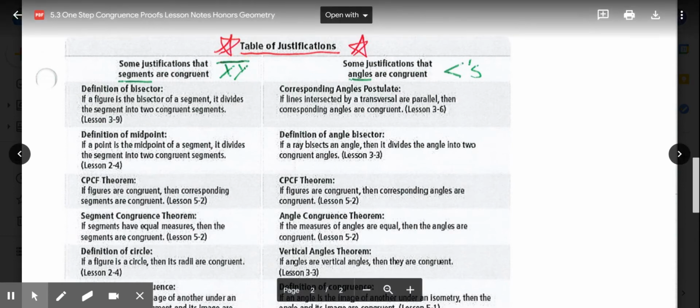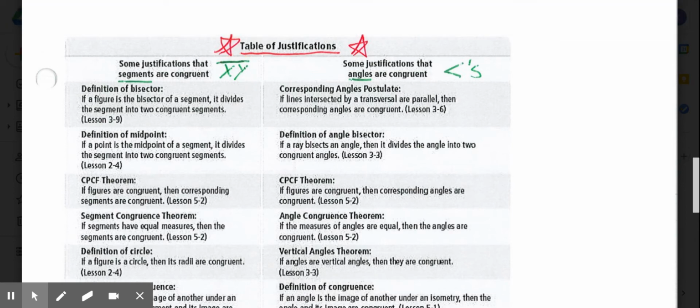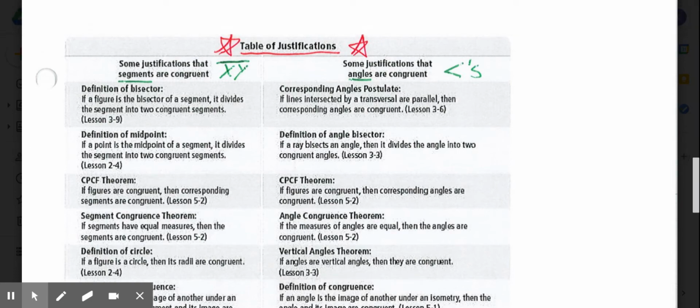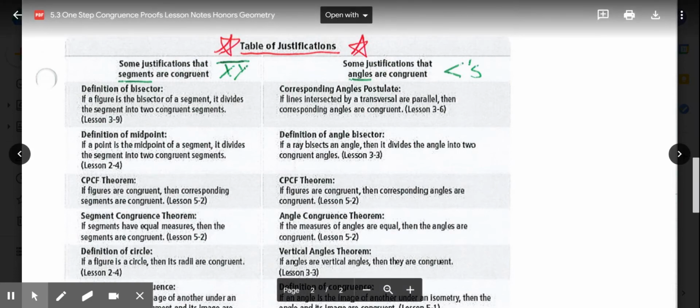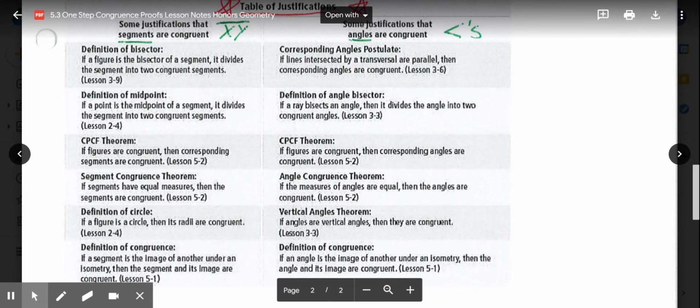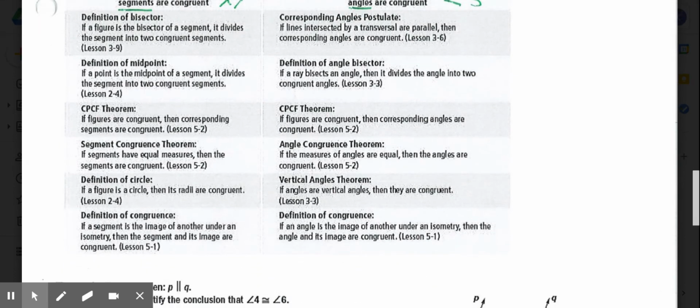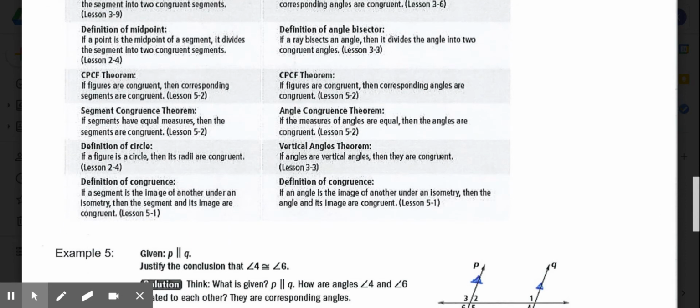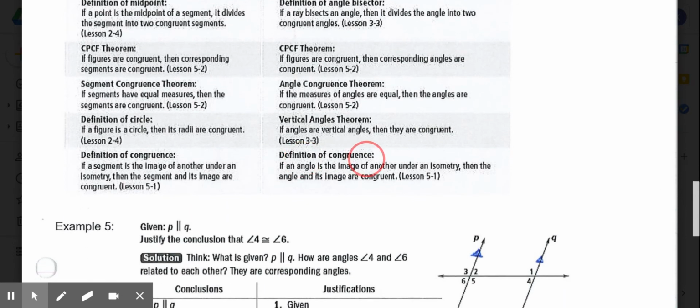The right-hand column are some common justifications that angles are congruent. Again, these are not all your justifications, but some common ones. So if you're dealing with angles, you would want to look in this right-hand column. And you may be using things like the corresponding angles postulate, the definition of an angle bisector, CPCF theorem again, angle congruence theorem, vertical angles theorem, or again, our definition of congruence.